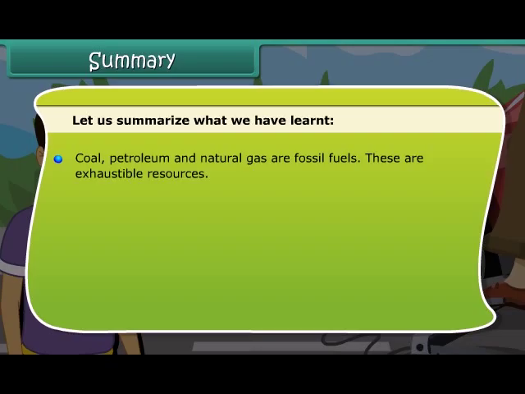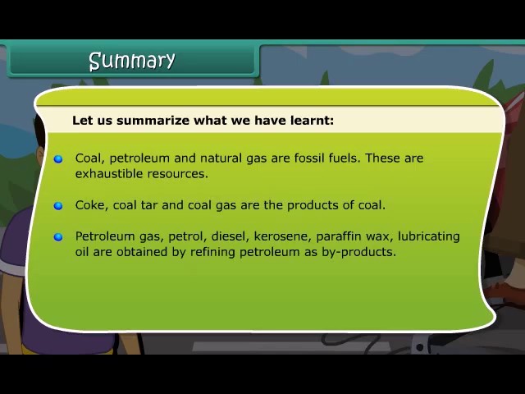These are exhaustible resources. Coke, coal tar, and coal gas are all products of coal. Petroleum gas, petrol, diesel, kerosene, paraffin wax, and lubricating oil are obtained by refining petroleum as byproducts. We should use coal, petroleum, and CNG judiciously.